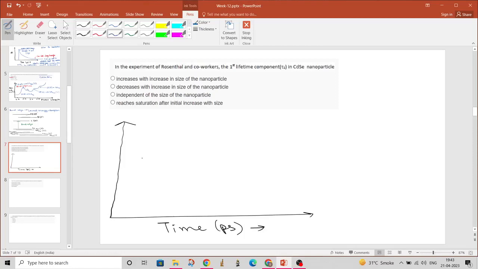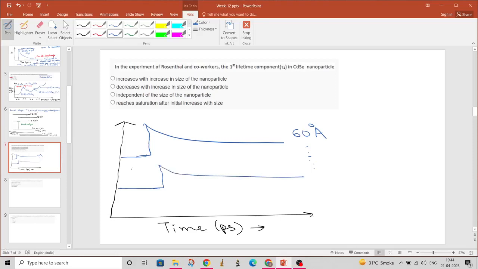So if we see the decay for bigger size nanocrystals, it goes like this. Maybe this is for 60 angstrom, and when we decrease the size, then we can see a decay like this. So you see the first component gets added.